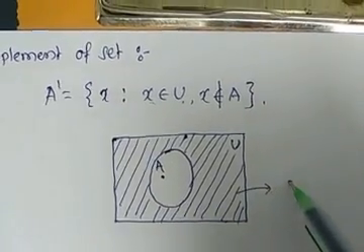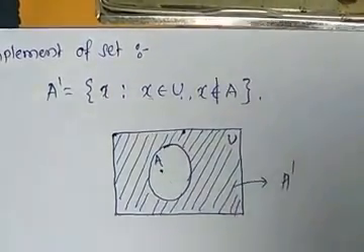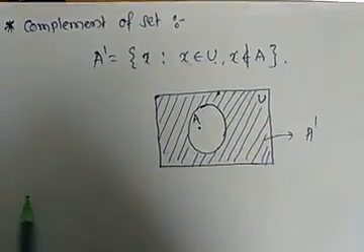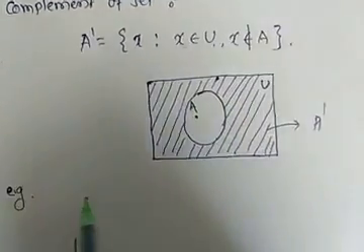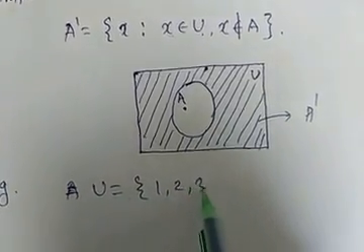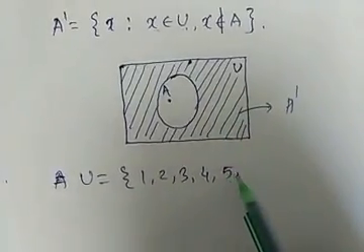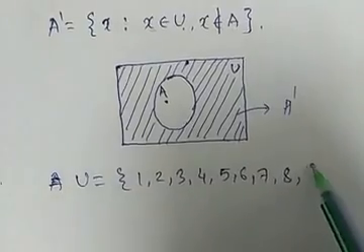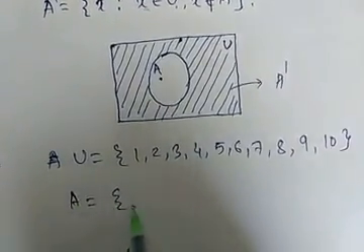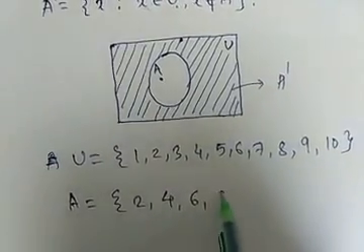This representation is A complement. Okay, for example, if we consider U equal to 1, 2, 3, 4, 5, 6, 7, 8, 9 and 10, and A equal to 2, 4, 6, 8.